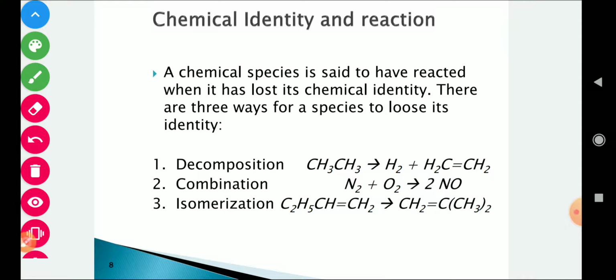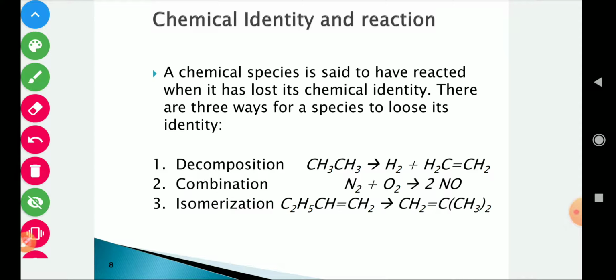In a decomposition reaction, a larger compound decomposes to form smaller compounds, like in this case, CH3 decomposes and forms hydrogen and ethane. On the other hand, in a combination reaction, two smaller compounds combine with each other and form a larger compound, like nitrogen and oxygen react with each other and form nitrogen oxide.